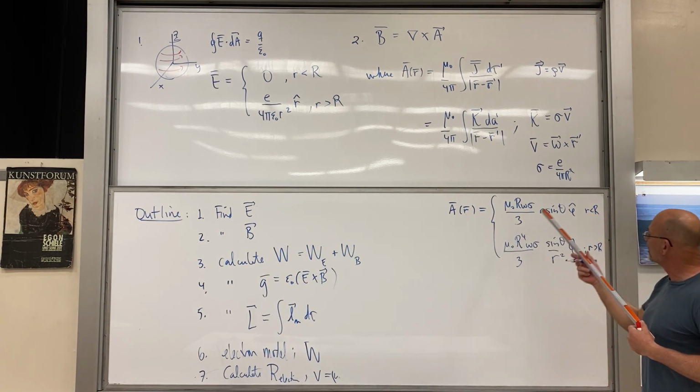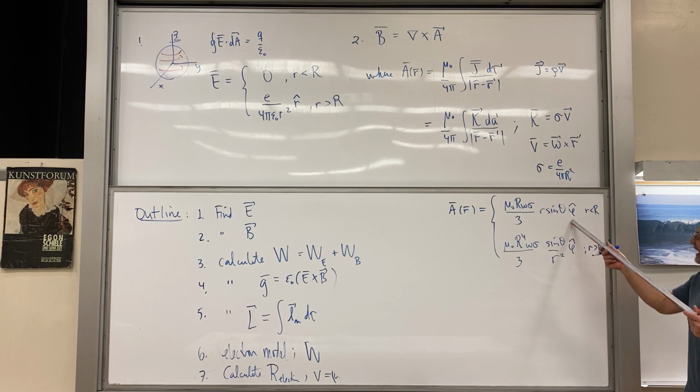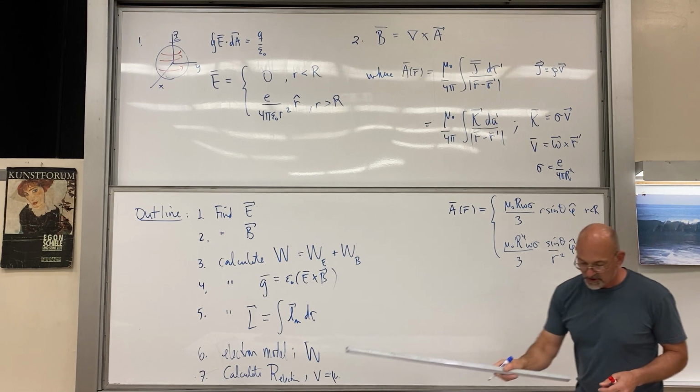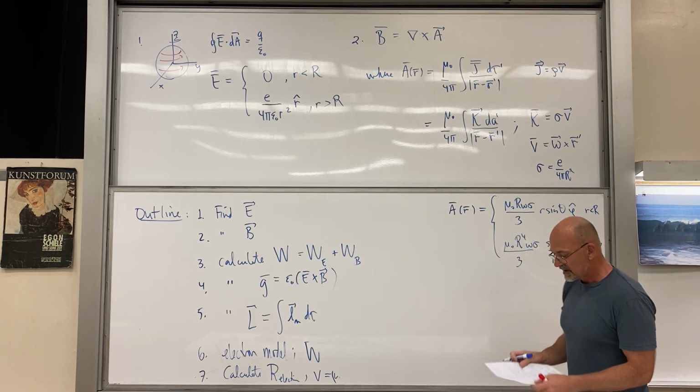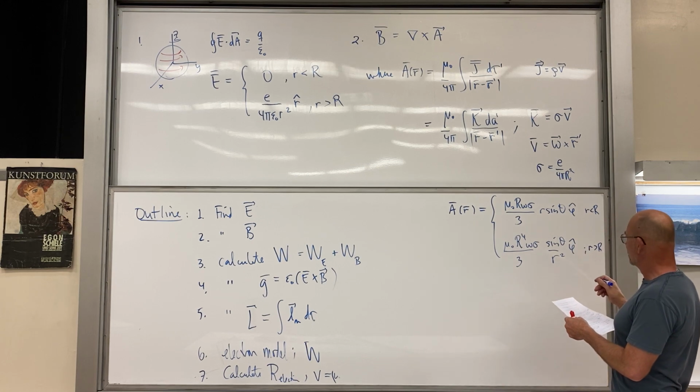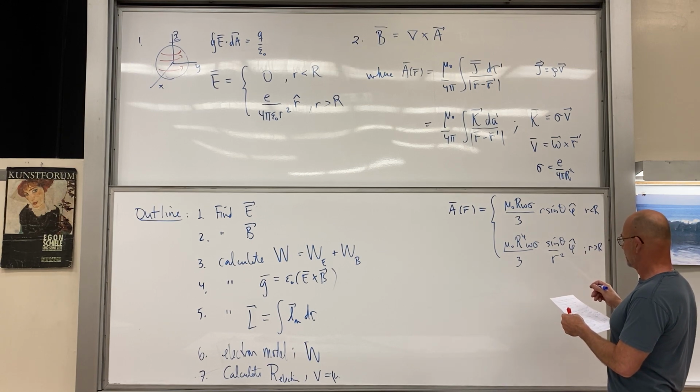Which means that the curl of this inside part, based on this form, you can already see the curl is going to be uniform inside the sphere. Outside the sphere, it won't be. Good, so I gotta make sure I have those down correctly. Sigma, R sine phi hat, yeah.